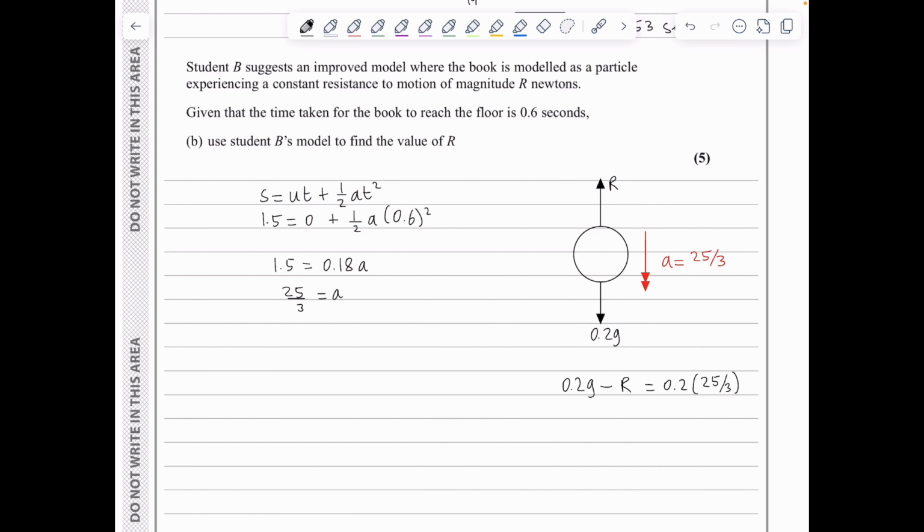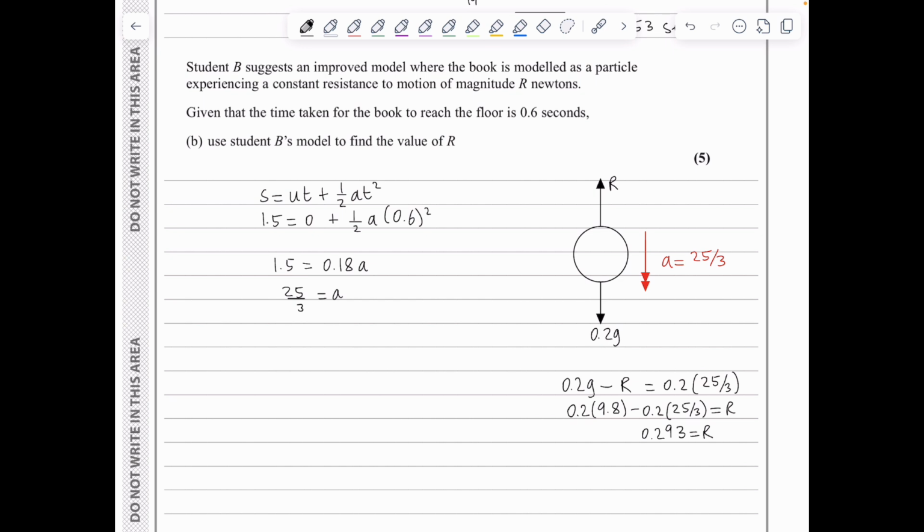So we need to solve for r. We get 0.2 times 9.8 minus 0.2 times 25 over 3 is equal to r, and this gives a value of r of 0.293.